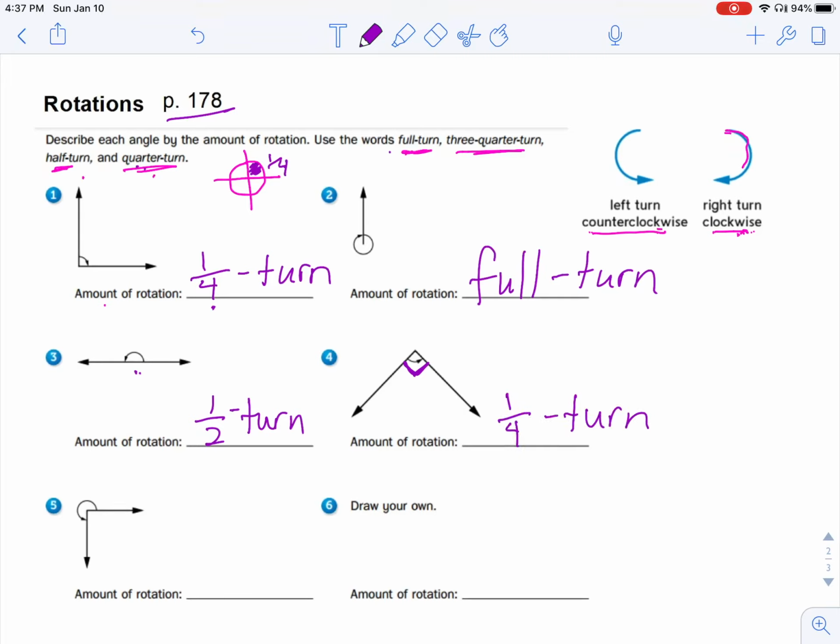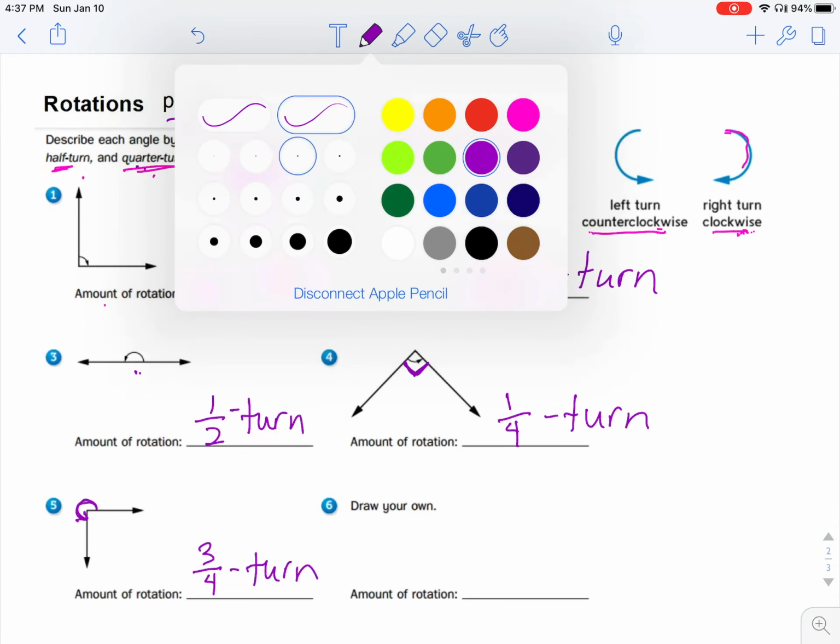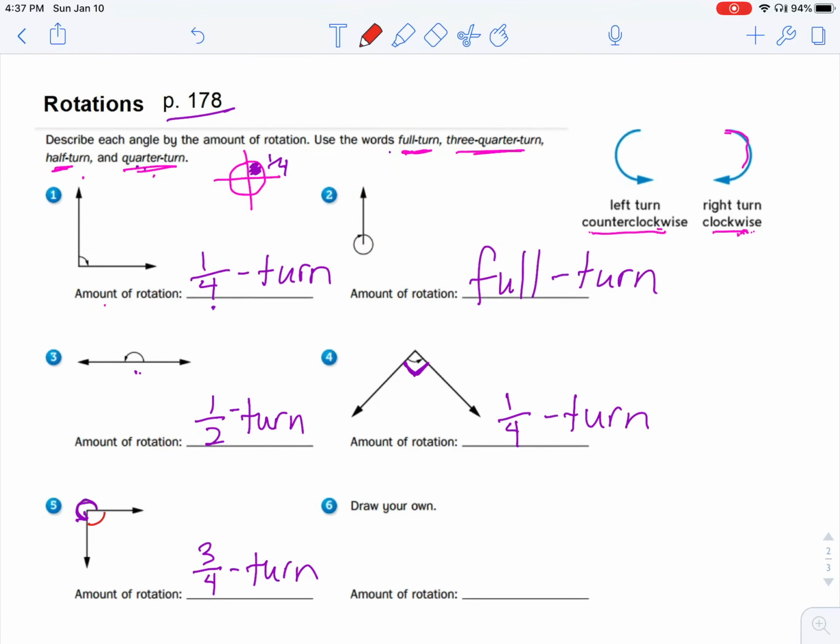And this one I think is the trickiest one on the page because the angle is out here, right? So that's in fact what kind of turn? That's a 3/4 turn. If it were talking about this angle in here, that would just be a quarter. But since it labeled the arc outside, we know that's a 3/4 turn. And make sure you do number 6 and draw your own.